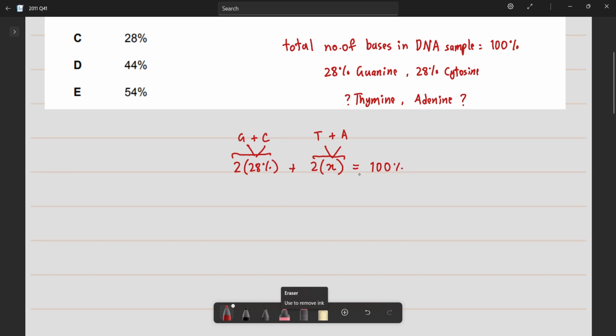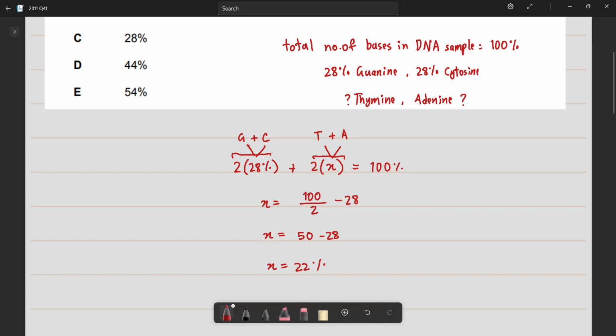I'm going to rearrange this equation to make X the subject. First, I'll divide 100% by 2, and then bring 28% to that side, so it subtracts. 100 divided by 2 is 50, minus 28, which gives me 22%. So the answer is 22%.